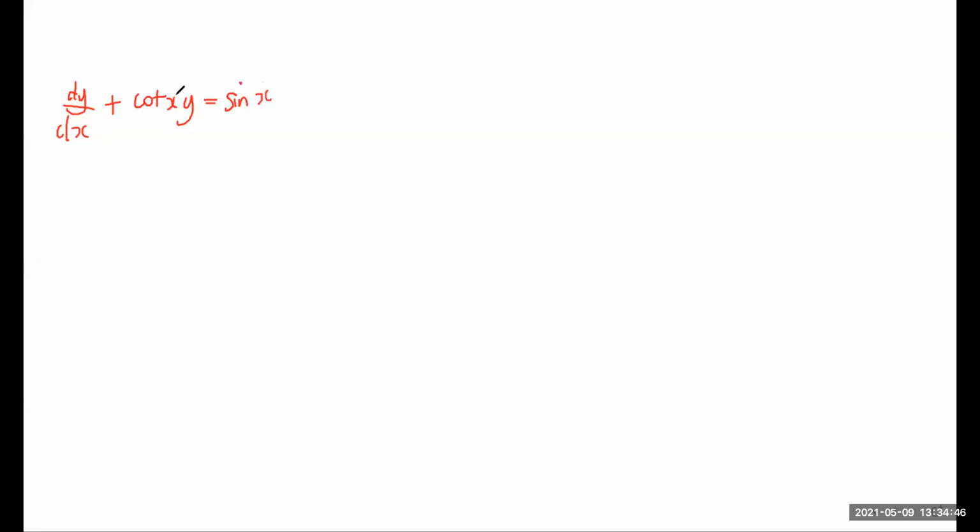Put a bracket around the cot x. We integrate cot x.